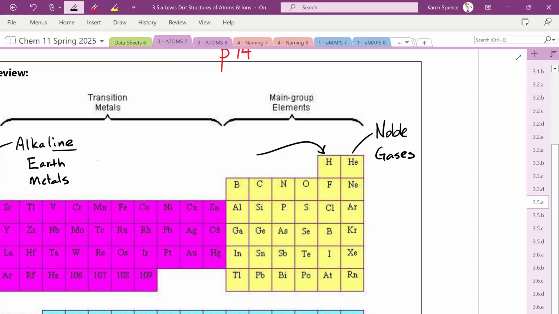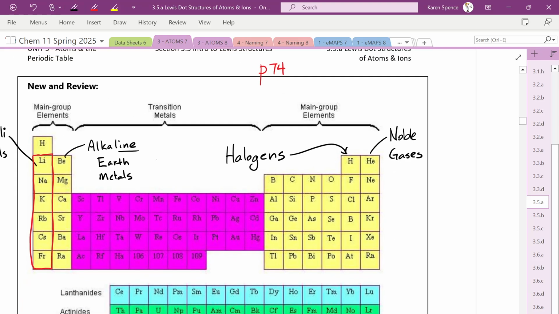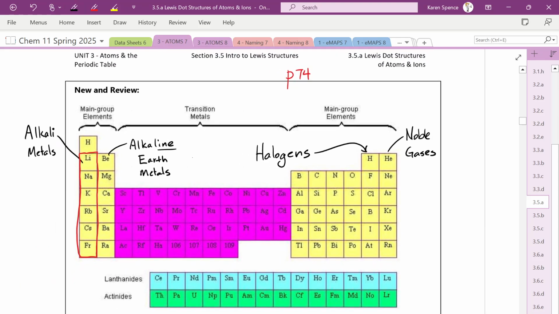Anyone want to tell me? Halogens. Doesn't matter which way you say it. Those are your halogens. You are responsible for knowing those 4 names of those 4 groups.